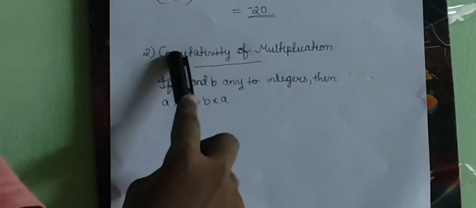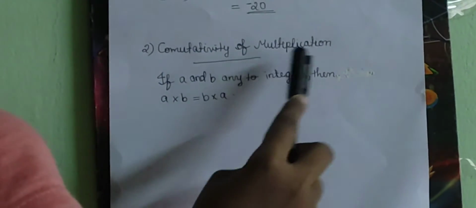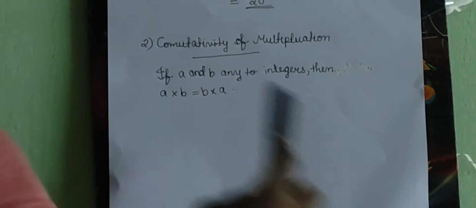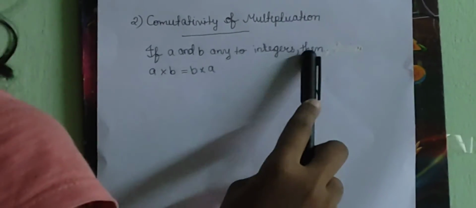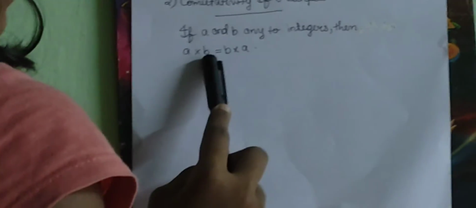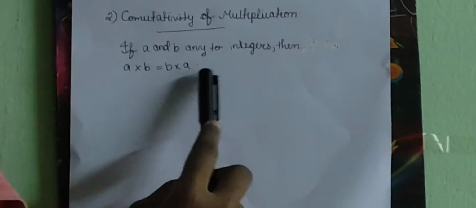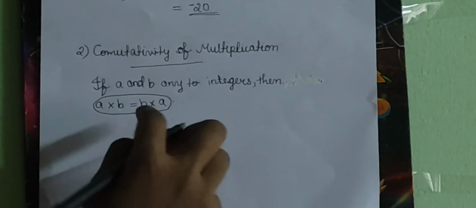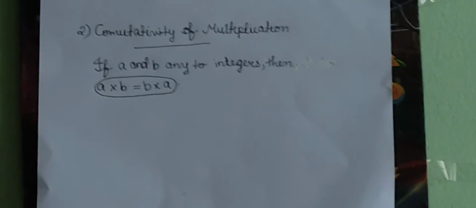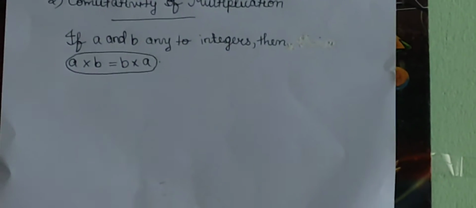Second one, commutativity of multiplication. If a and b are any two integers, then a into b is equal to b into a. This is the equation of commutativity of multiplication. I will give you an example.